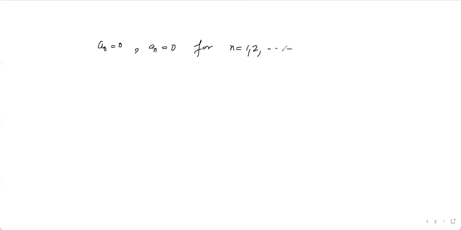And the Fourier expansion f(x) over the interval minus pi to pi will be the summation n equal to 1 to infinity of bn sine nx.